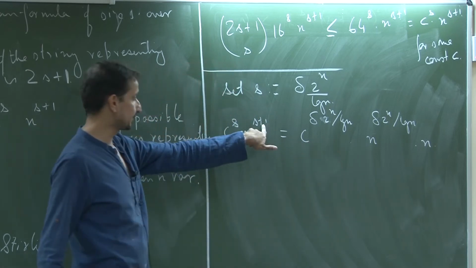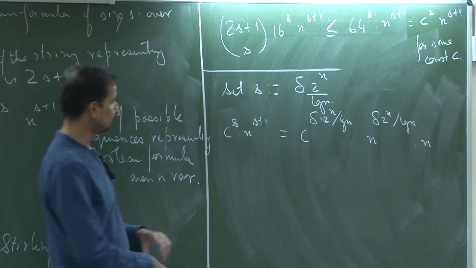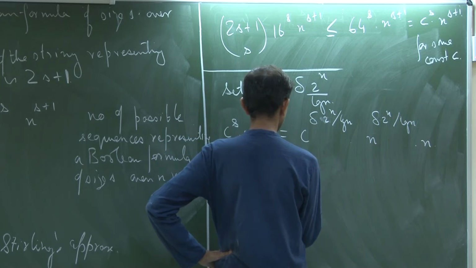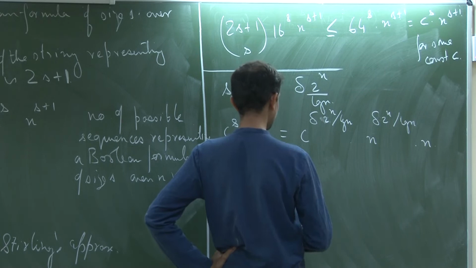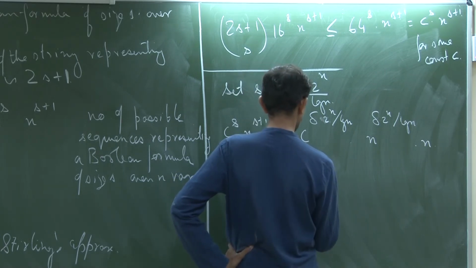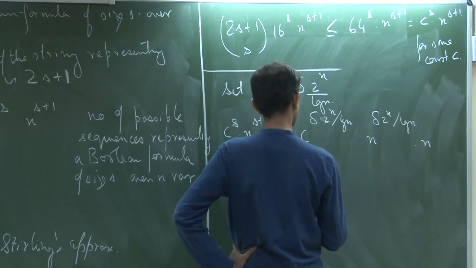That extra n is coming because of this plus 1 over here. Now, we will do a change of basis and write this as a power of 2.